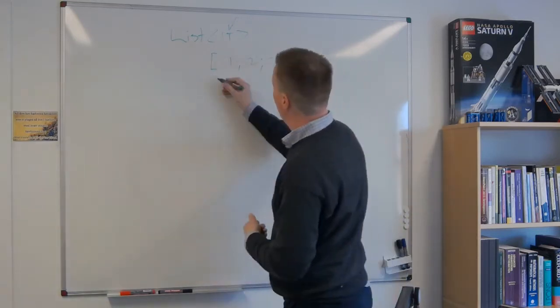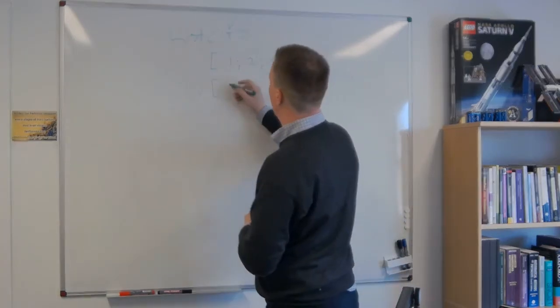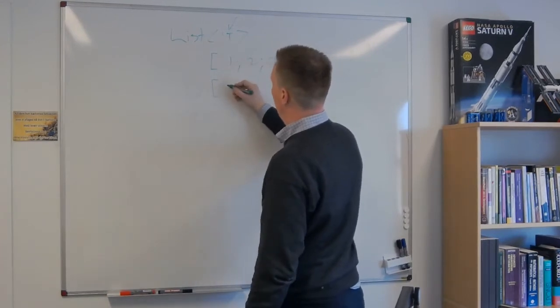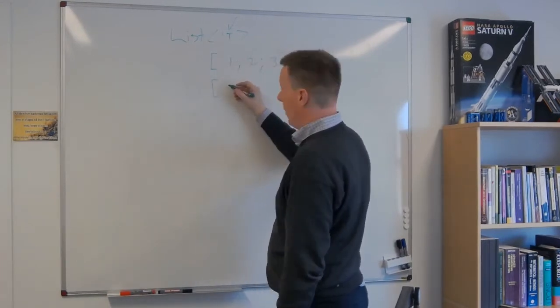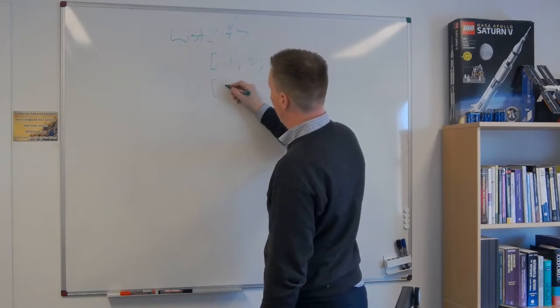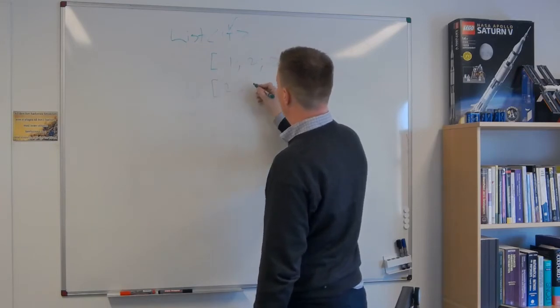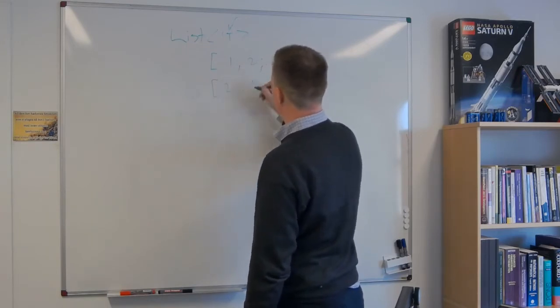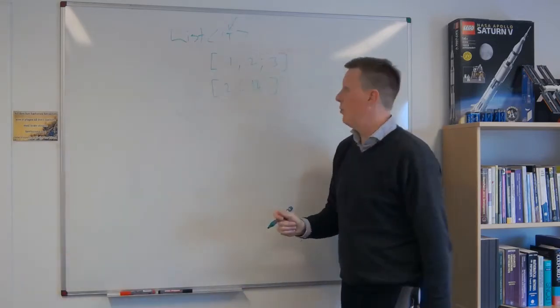They also support syntactic sugar for doing slices, so we can say something like 2 to 10, which will create a list for you from 2 to 10.